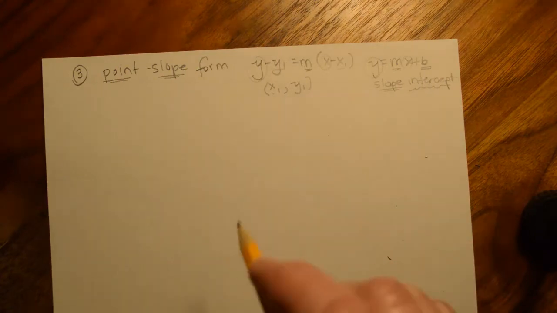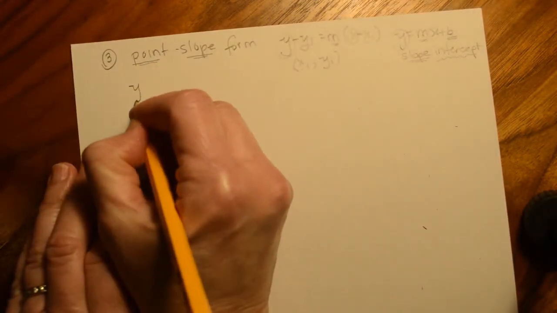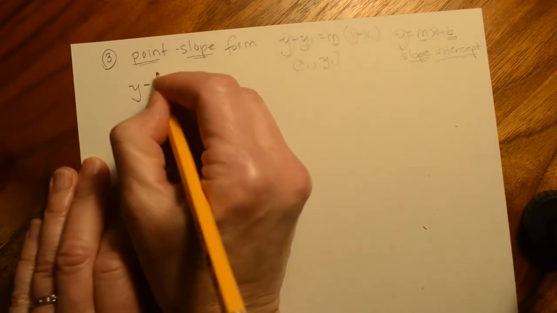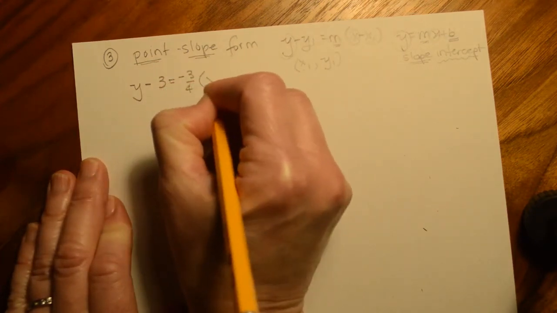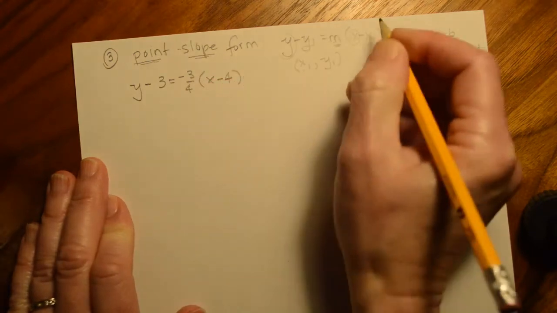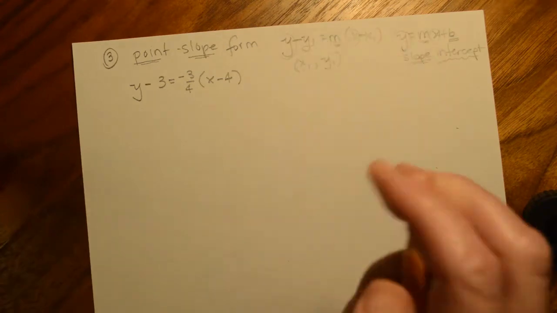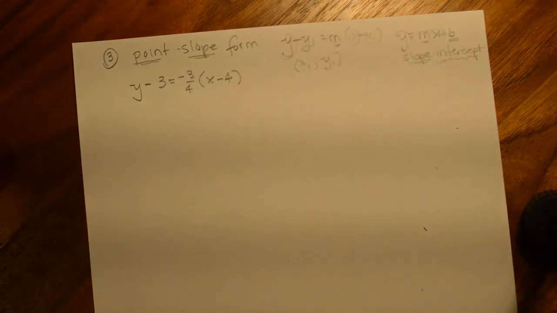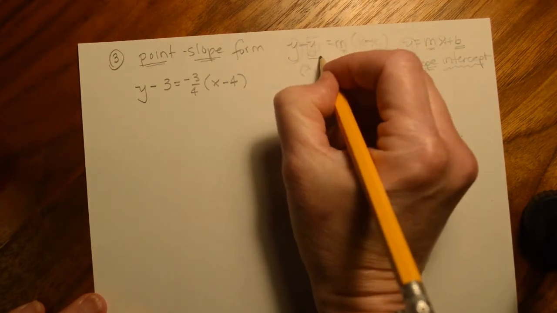So let's see, if we were to do y minus 3 equals -3/4 times x minus 4. First of all, I want to point out to you that this minus sign is part of the point slope form. So that means that this y coordinate is just the y1.